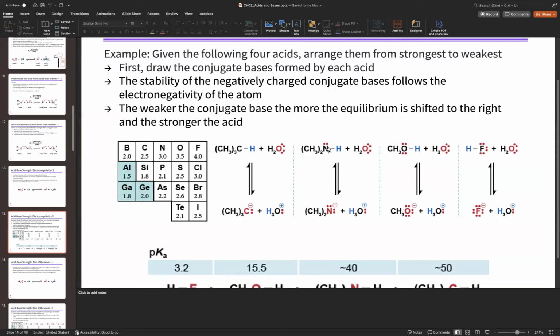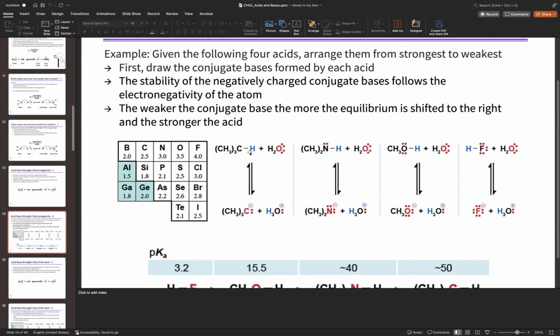Nitrogen makes 3 bonds, so it has 2 methyl groups and 1 hydrogen. Then we have oxygen. Oxygen makes only 2 bonds, so it only has 1 methyl group. And then lastly, fluorine. Fluorine only makes 1 bond, so there are 0 methyl groups. There's just hydrogen. So all these 4 compounds are acting as an acid.